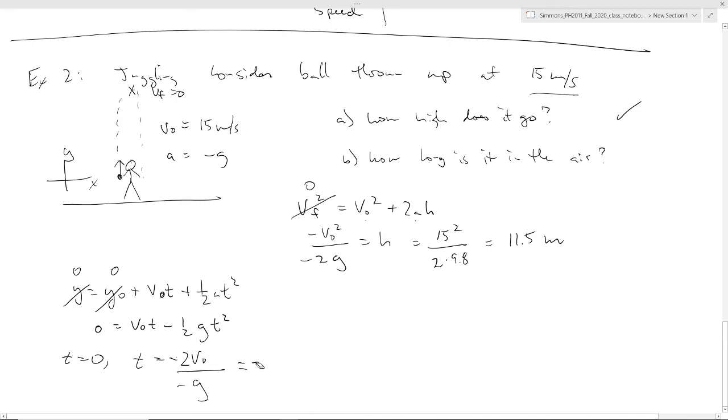The time generally has to be positive. This initial velocity was 15 and gravity 9.8. So you can see this is going to be about seconds.